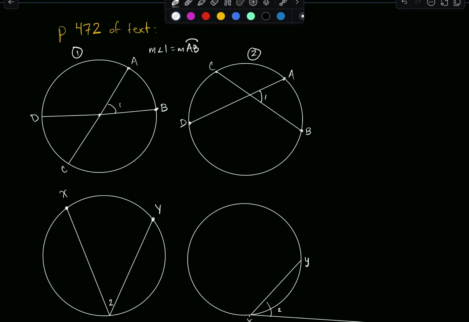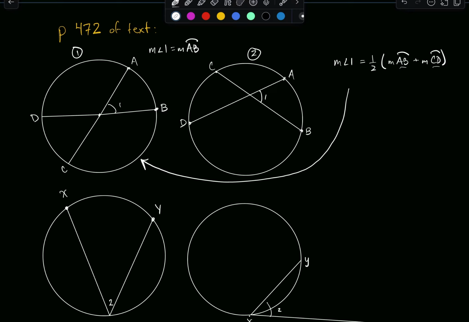With circle 2, the measure of angle 1 is equal to 1/2 of the measure of AB plus the measure of CD. Notice, if I look at this first circle, that also works because AB and CD are going to be the same size, and so I'm just taking half of something that I've doubled.